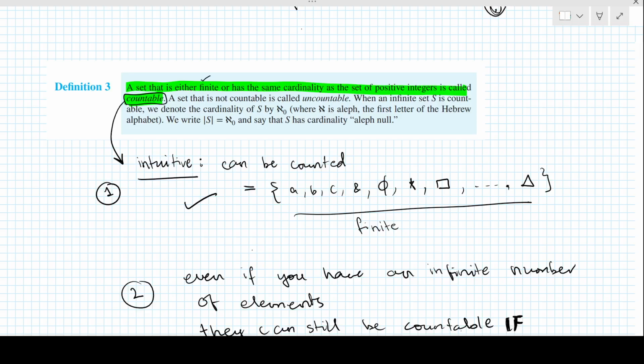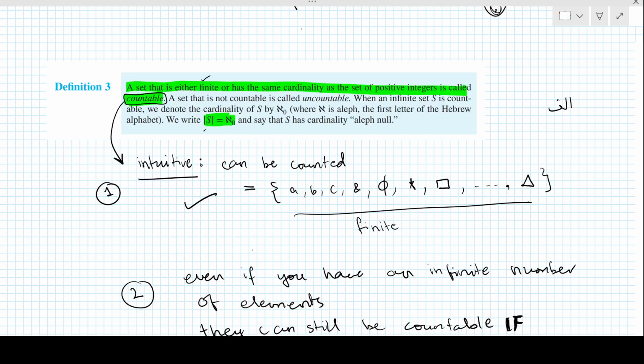It's very similar to the letter alif from Arabic, where this is aleph, the first letter of the Hebrew alphabet. We write the cardinality of S equals aleph null, and say that S has cardinality aleph null, right?